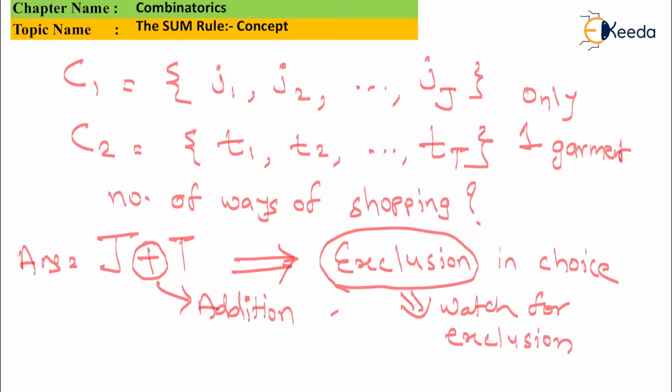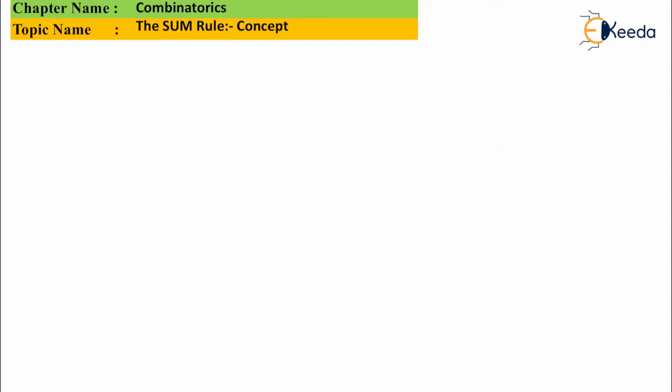Once you observe an exclusion between the two choice sets C1 and C2, you add the sizes of their choice sets, because the exclusion tells you it could be only this or that, but never both. So there is no point of having an intersection. This is the counting principle called addition.